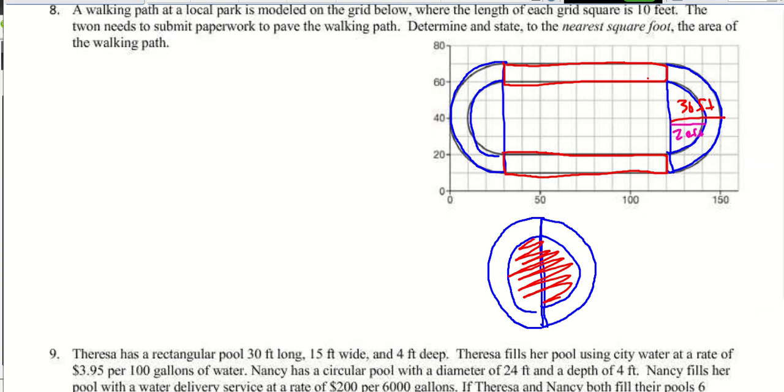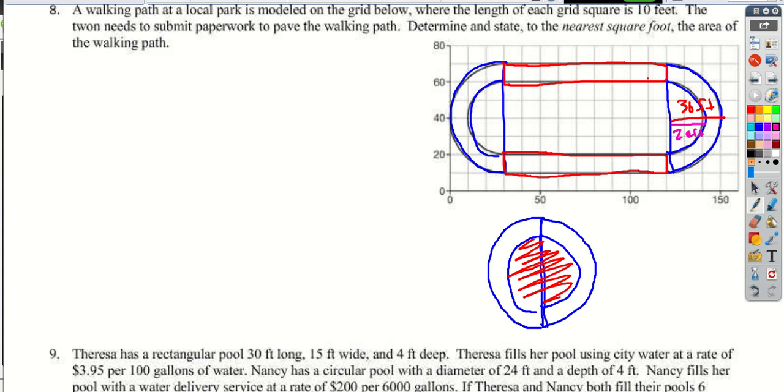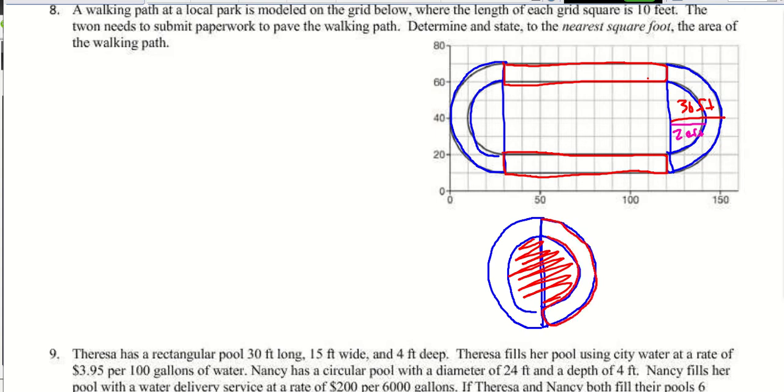So the difference in those two circles would leave us the area of the red part on the outside here. So if we want to figure out this area, we have to take away the two circles and just subtract. The first thing here is we can count the blocks. So this is 10, 20, 30, 40, 50, 60, 70, 80, 90.